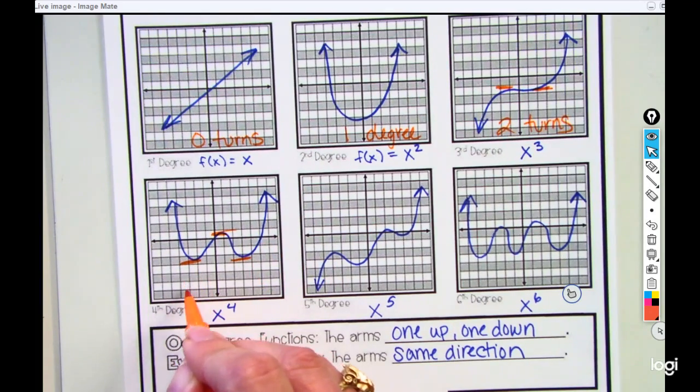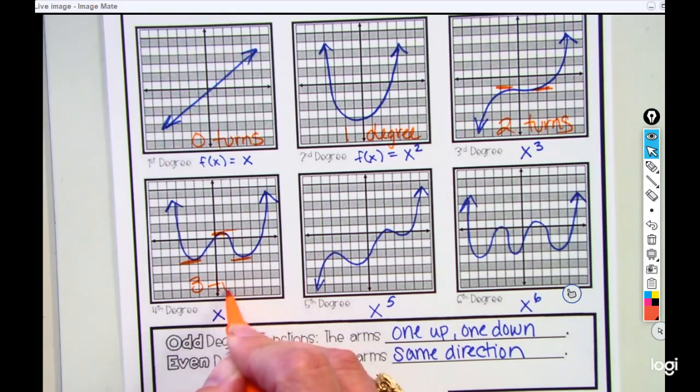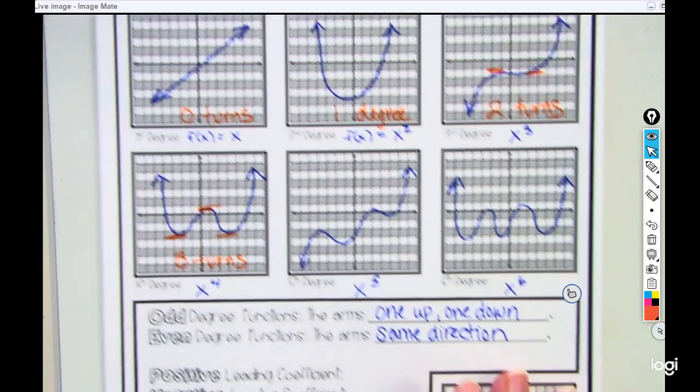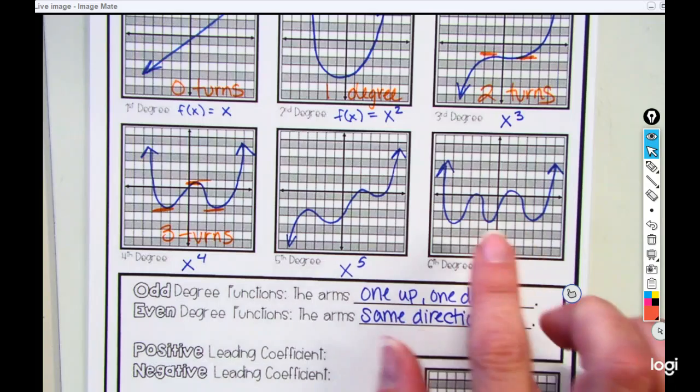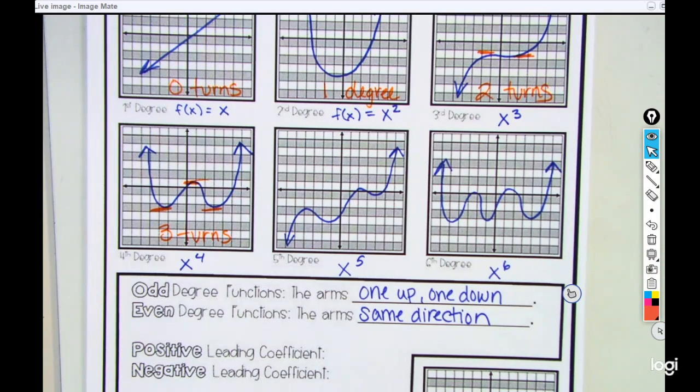You guys noticing a pattern yet? All right, so without finishing this off, if I have x to the 6th, how many turns could there be? If I had an x to the 12th. 11. It's always one less. Now, there could be imaginary terms, and so you might not see them graphed, but we'll talk more about that later.